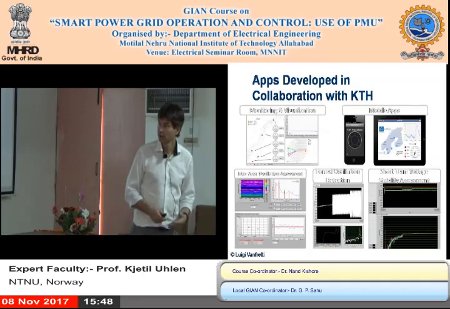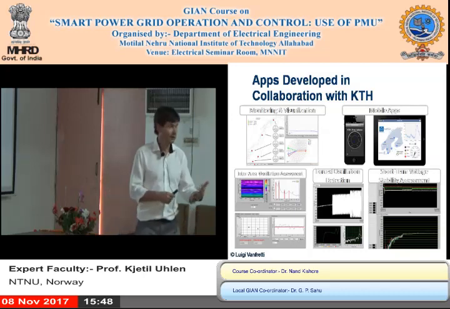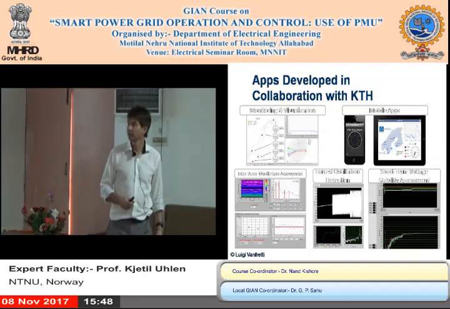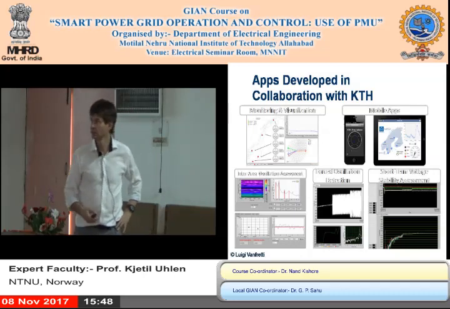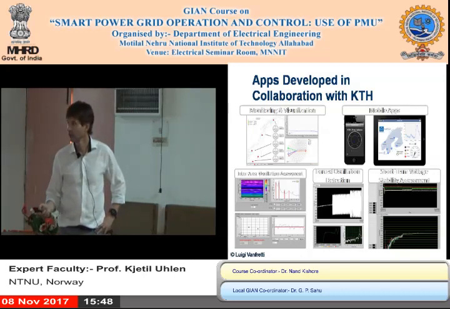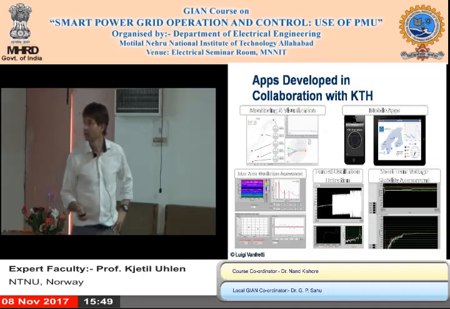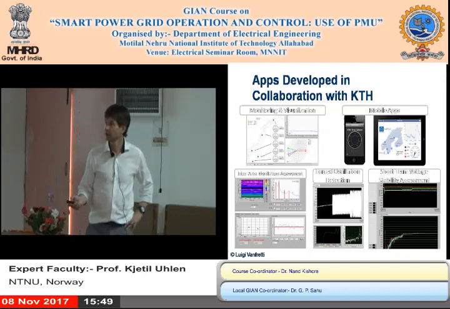You could have your own state estimator on your mobile phone to keep following the operation of the power grid. For the smartphone and for the iPad, we've made some information system to show frequencies and voltages. I'm not sure it's up and running, so I will see if I can demonstrate some of it tomorrow, but I'm not sure.